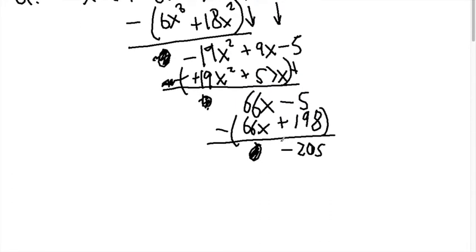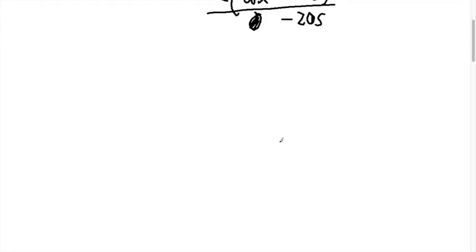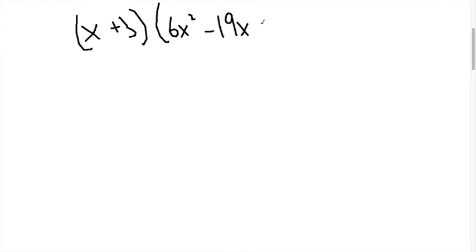So, to recap, our first expansion gave us x plus 3 times 6x squared minus 19x plus 66, all minus, my bad, 203.